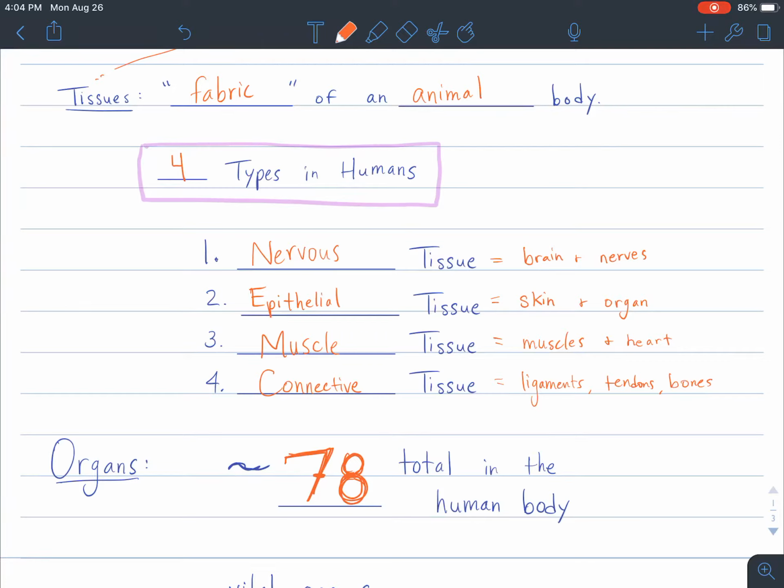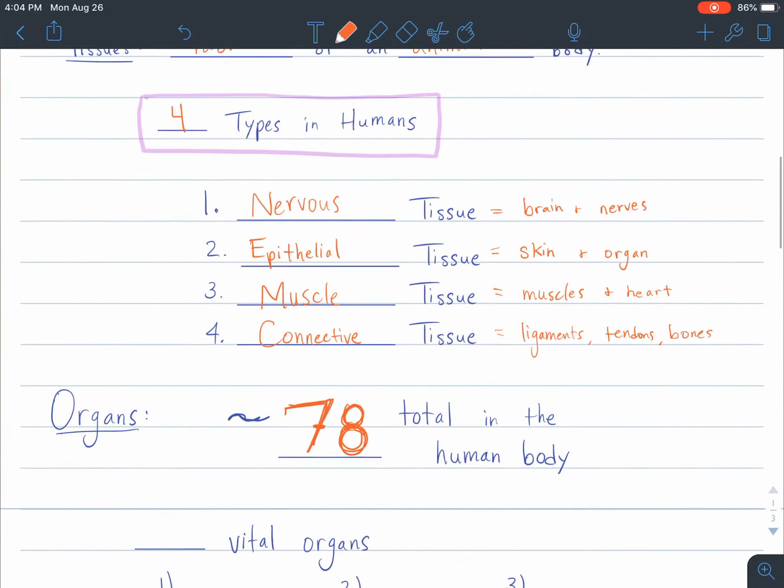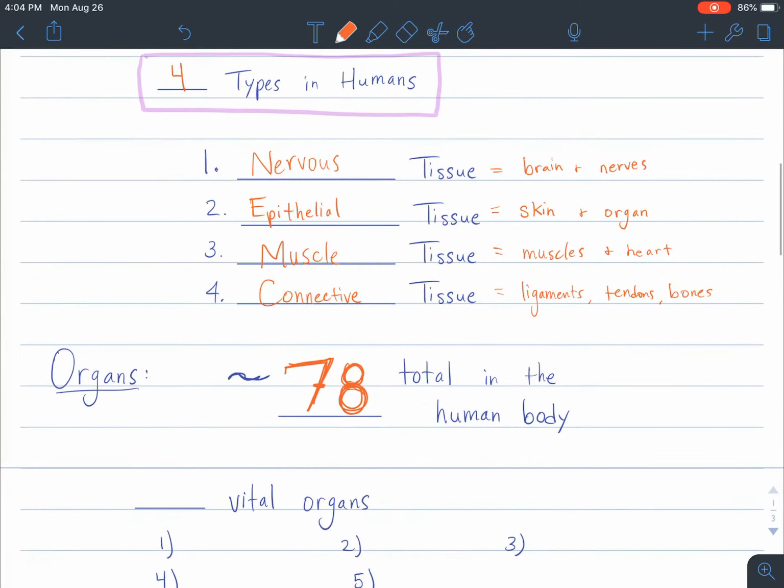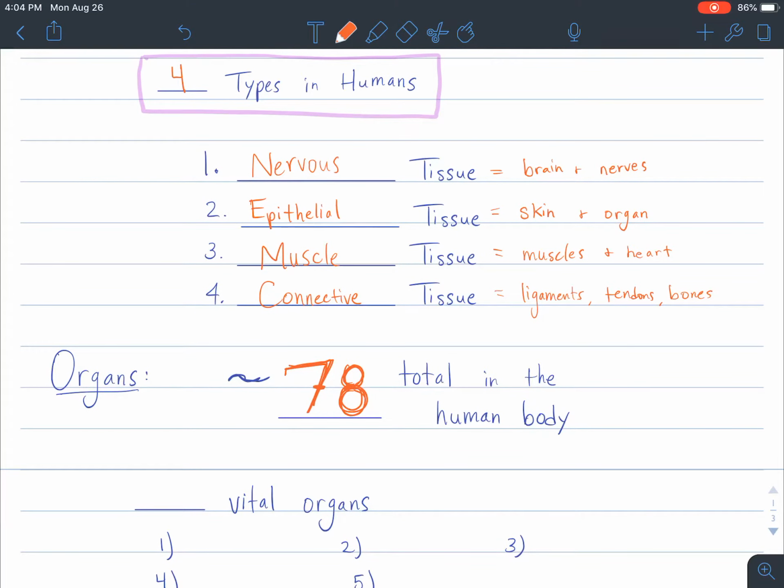So in total, we have somewhere close to 78 total organs in the human body. The main thing that makes this an estimated amount is because some people define organs as different things. Some people might say your large intestine is a separate organ than your small intestine. So it's all about the definition. But regardless, we have 78 total organs in the human body that are all made up out of the 4 different types of tissues.